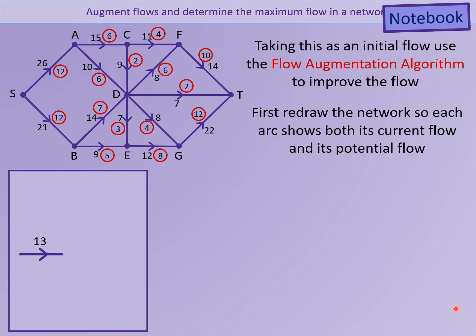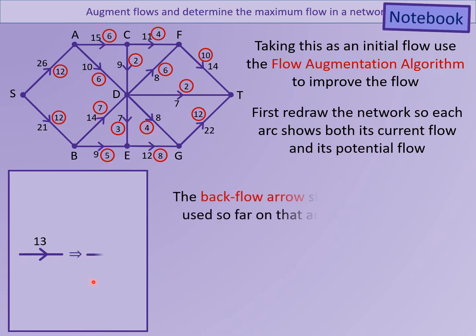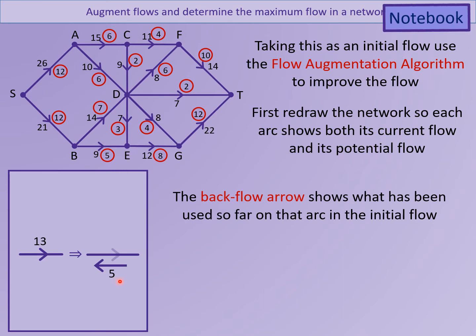Now, when we go about redrawing the network, we want to show both the current flow and what we call the potential flow. And the way we do that, if we just take any of the edges, so this edge here is an edge of 13, and we want to show what's flowing through at the moment and what we've still got able to flow through. And we do that by having what we call a backflow arrow.